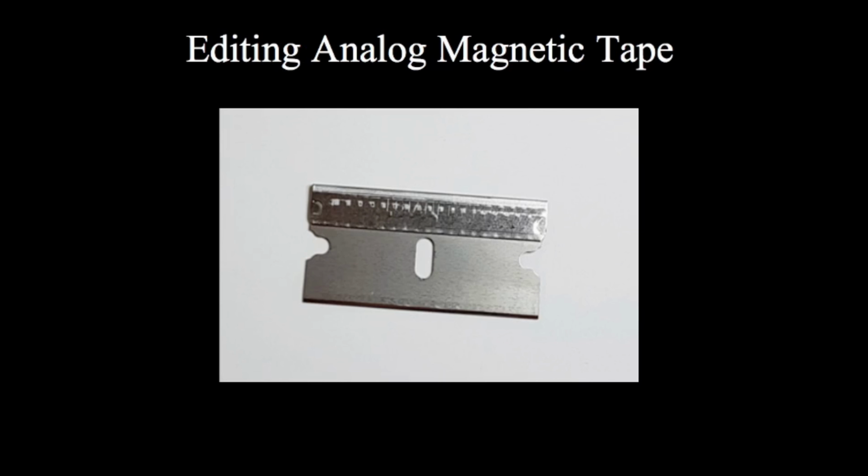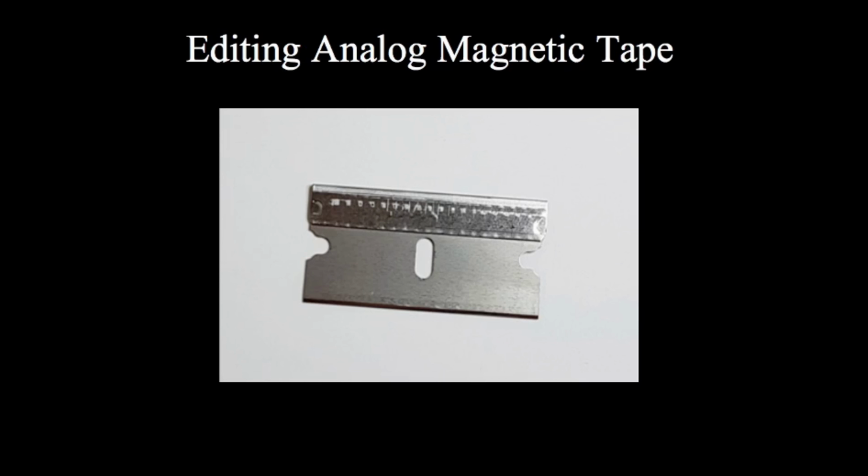These techniques are all derived from physical processes that people did when they edited, and still edit, because people still do this craft, analog magnetic tape. So the reel-to-reel tape that recording was done on before computers took over.